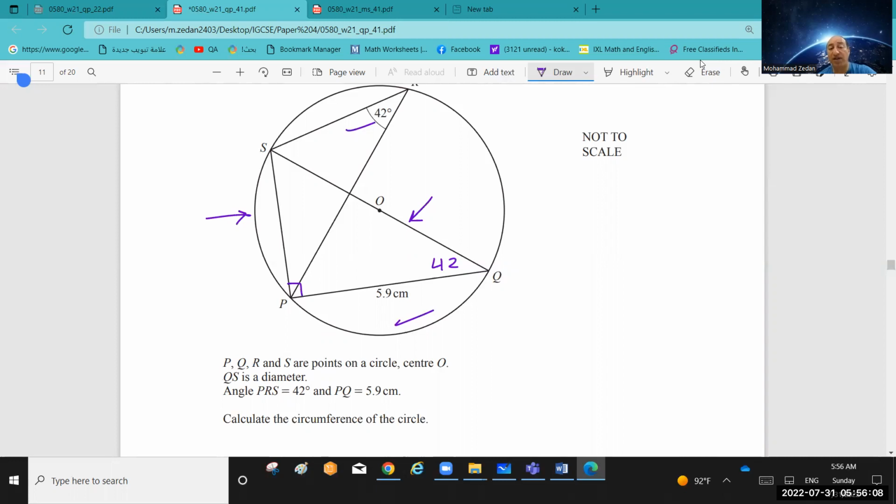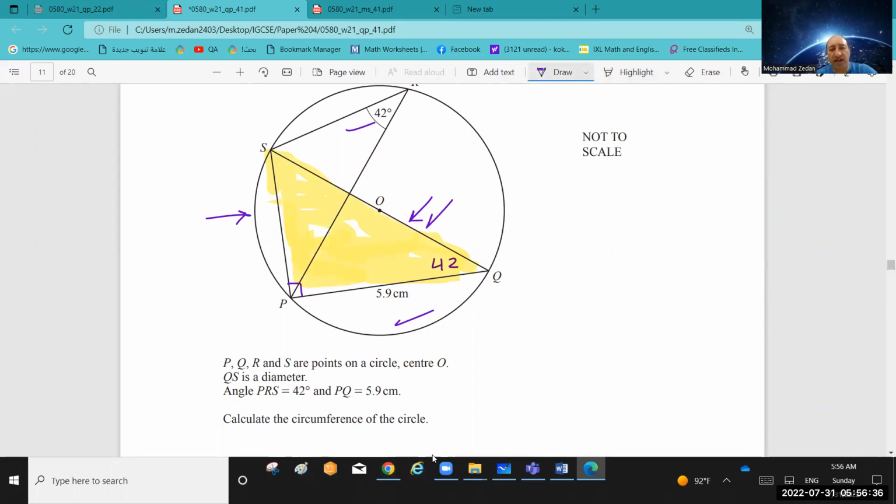So I have now a right triangle. As you see, this right triangle has an angle 42 and has a side, so you can solve this triangle. You can find everything in this triangle. I need to find QS by using a suitable ratio of sine, cosine, tan, or SOHCAHTOA, as you know.